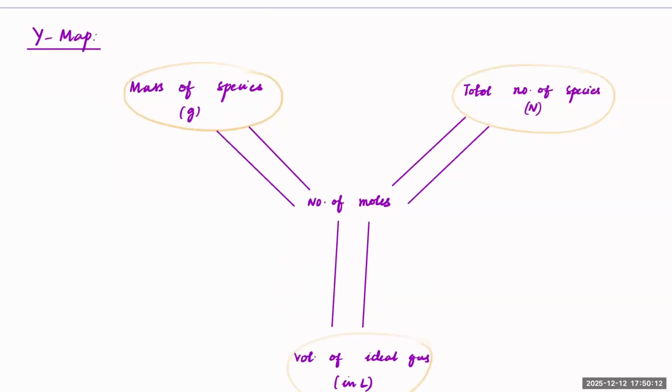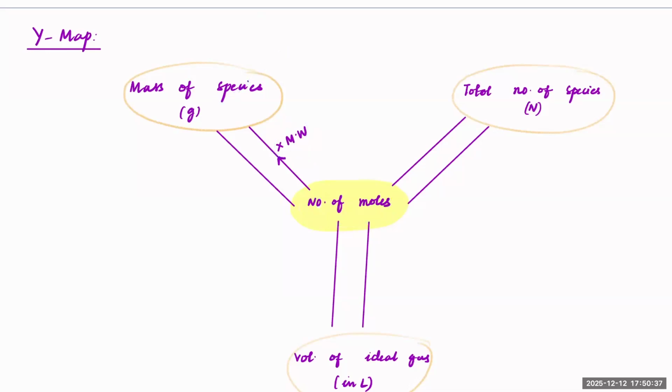Now let's see, if you have the number of moles, here we are defining it as the number of moles and trying to relate with all these terms. If the number of moles is multiplied by molar mass, molecular weight, we get the mass in grams.